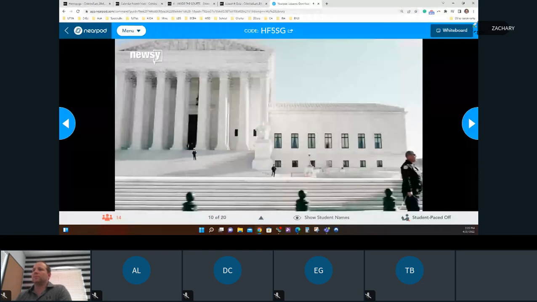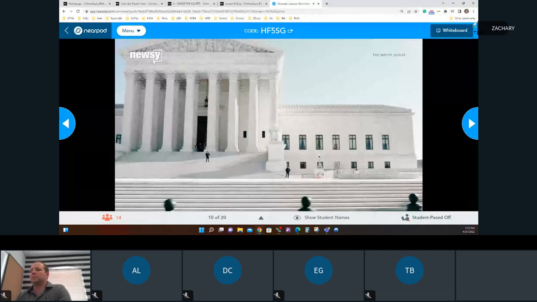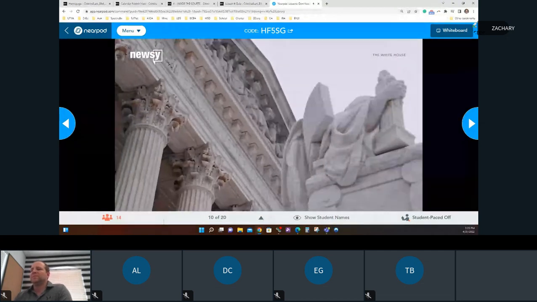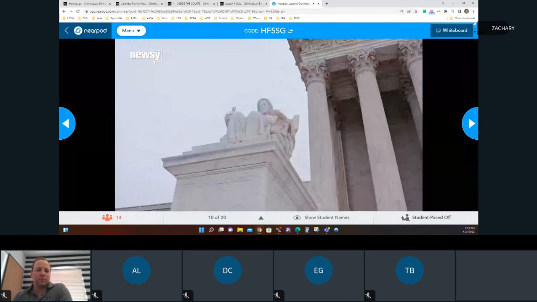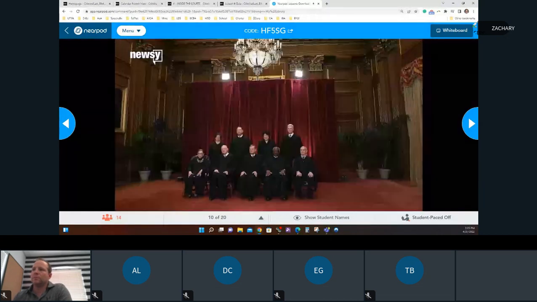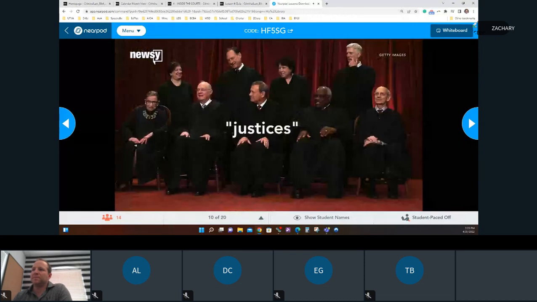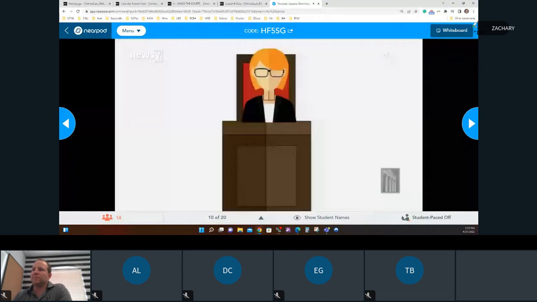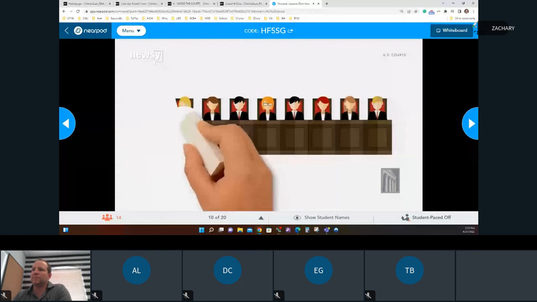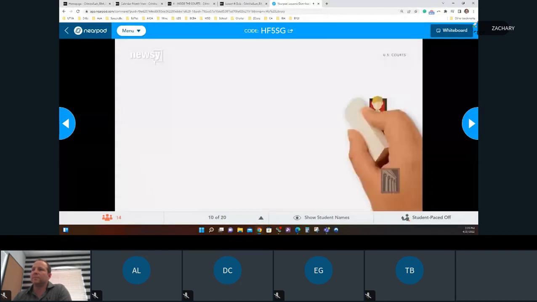Now, the Supreme Court. It has the power to decide appeals on all cases brought in federal court or in state court if they deal with federal law. They choose about 80 cases a year out of the 7,000 to 8,000 petitions they get. Members of the Supreme Court are referred to as justices, not judges. Interesting detail also, the Constitution does not specify qualifications for being a Supreme Court justice. They can be any age, have any education, profession, native-born citizenship.